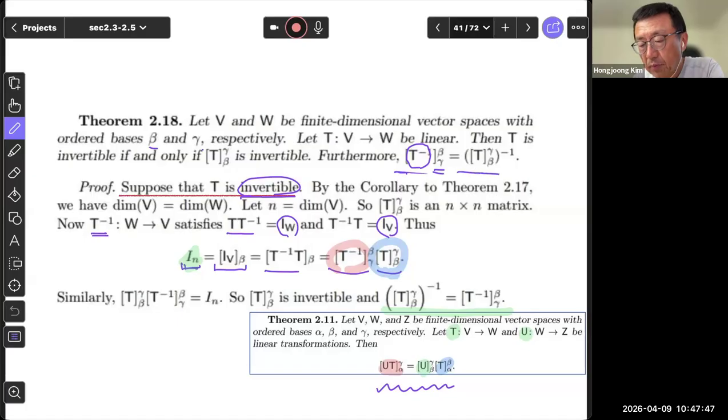So given this matrix A, if I learn how to find the inverse of A, then that will be the matrix representation of T inverse. So given beta and gamma, I can easily construct the T inverse transformation.